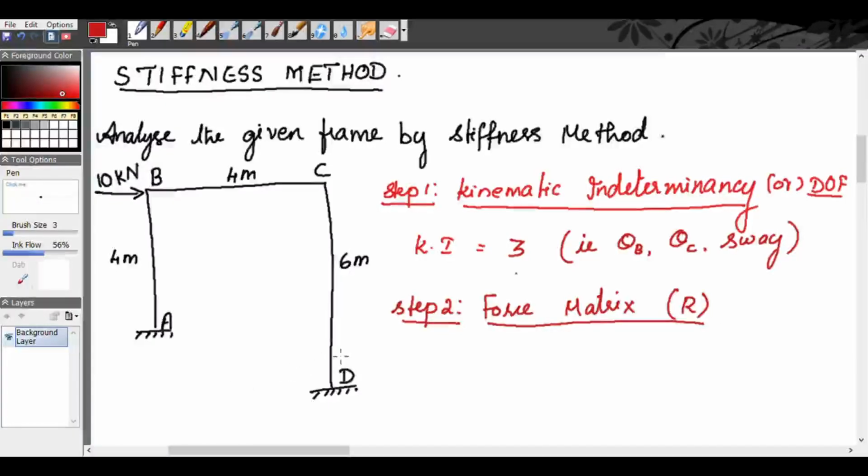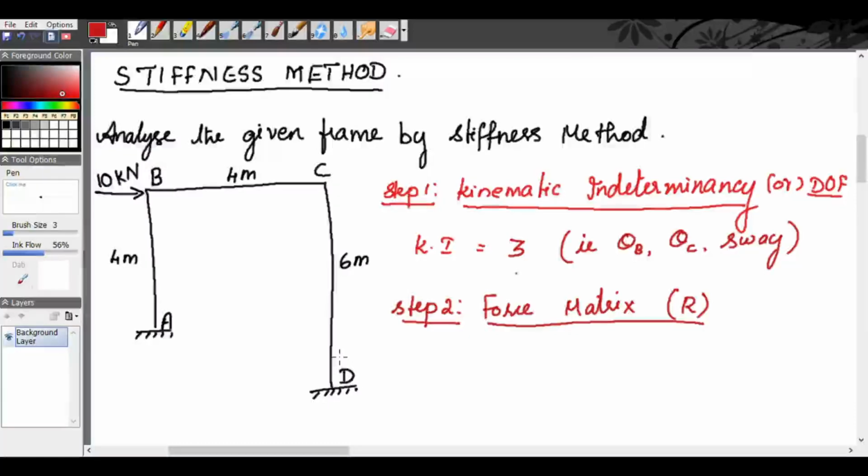That is our force matrix. In the previous classes we have discussed the procedure: we will find the fixed end moments, and from the fixed end moments we will determine the equivalent joint loads. From the equivalent joint loads we will determine the forces corresponding to the independent displacements.